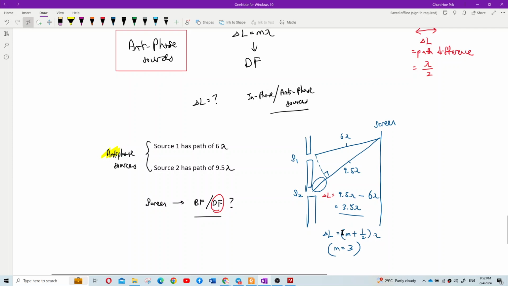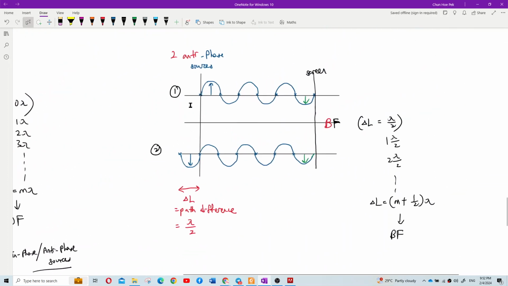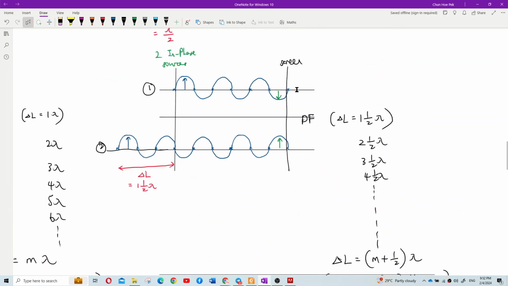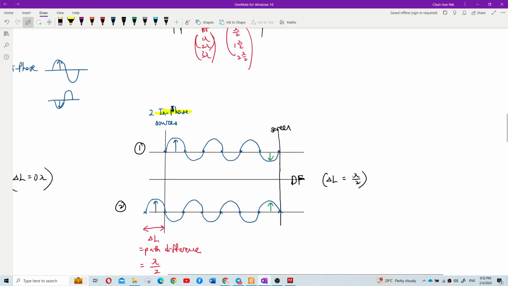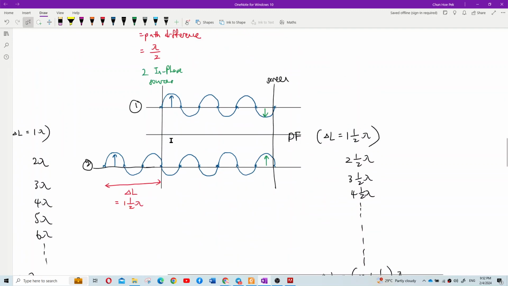It becomes bright fringe, not dark fringe, unless you use in phase source. If in phase source, yes, M plus half lambda gives dark fringe.